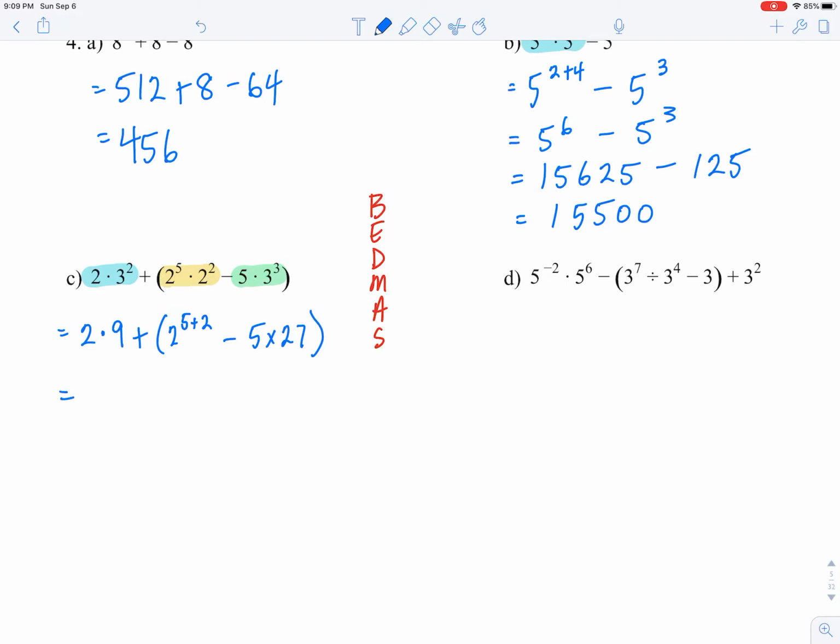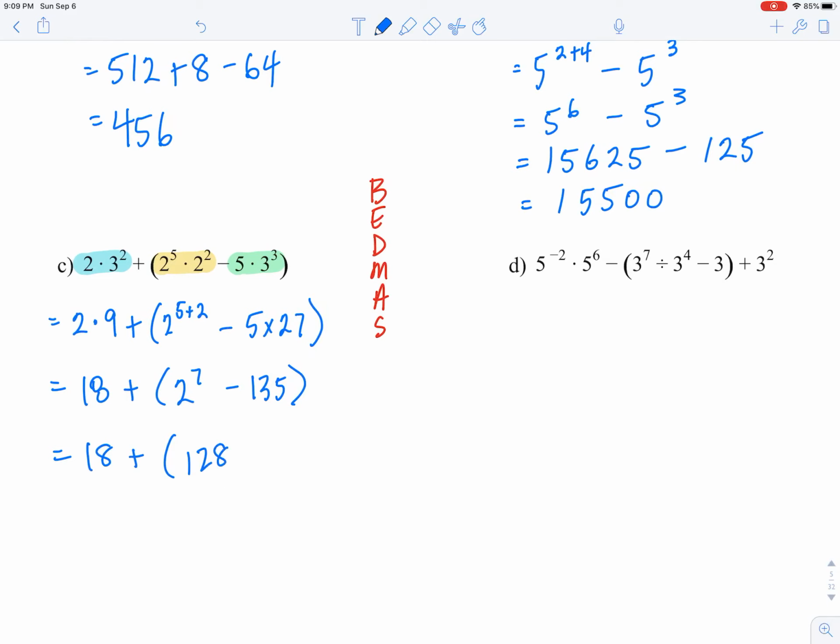So out front, I've got 2 times 9, which is 18, plus I've got 2 to the 7, minus, and then 5 times 27 is 135. I've got to figure out what 2 to the 7 is. I think it's 128. Yeah, 128 minus 135. And now I have to do the bracket.